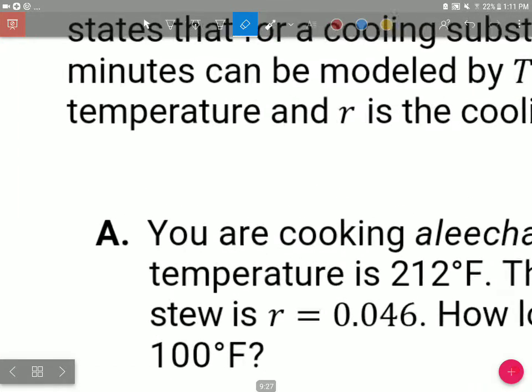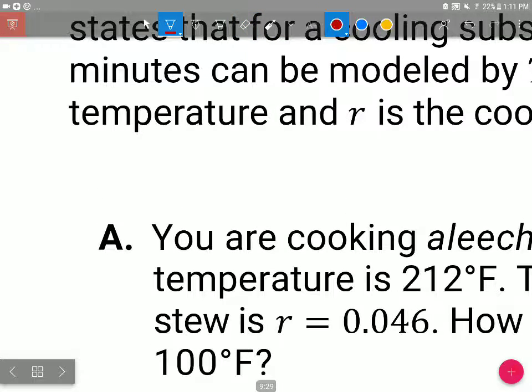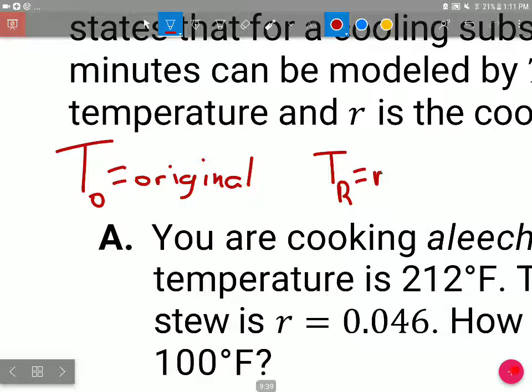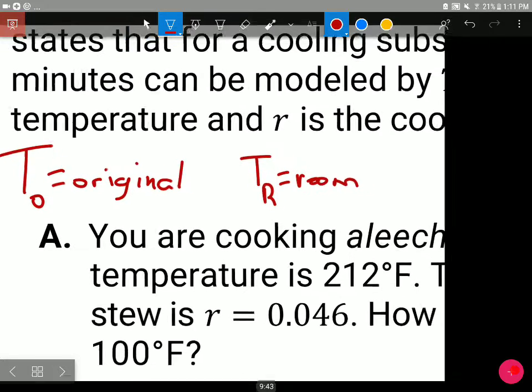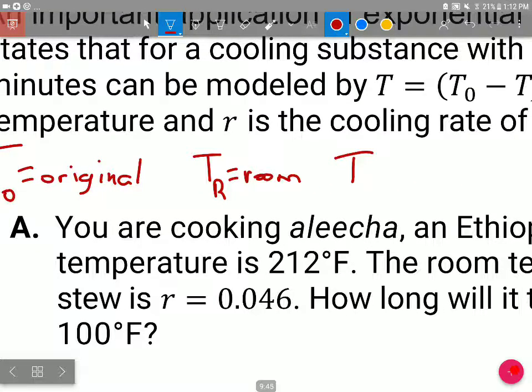So here's what everything means. T sub 0, well, that's your original temperature. T sub R, well, that's the room temperature, your ambient temperature. Big T is your final temp. What does little t stand for?